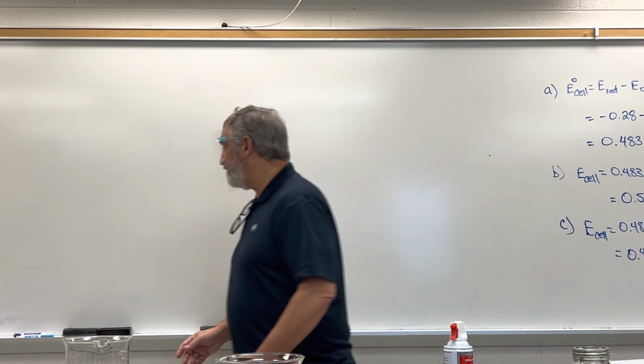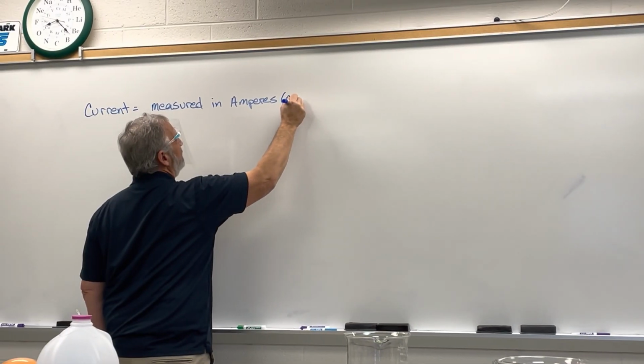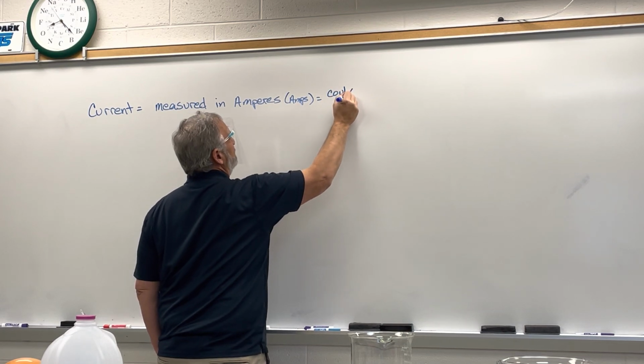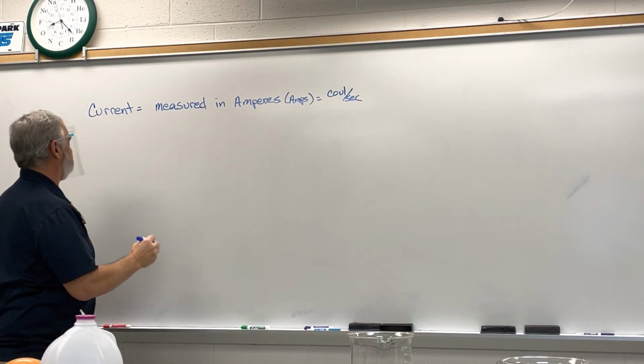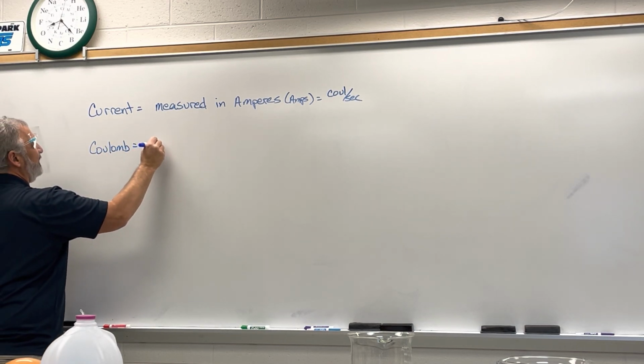Okay? Now there's just going to be several terms that we're just going to have to learn, or just know. That current is measured in amperes, which is abbreviated amps, which is coulombs per second. A coulomb is a measure of electrical charge.